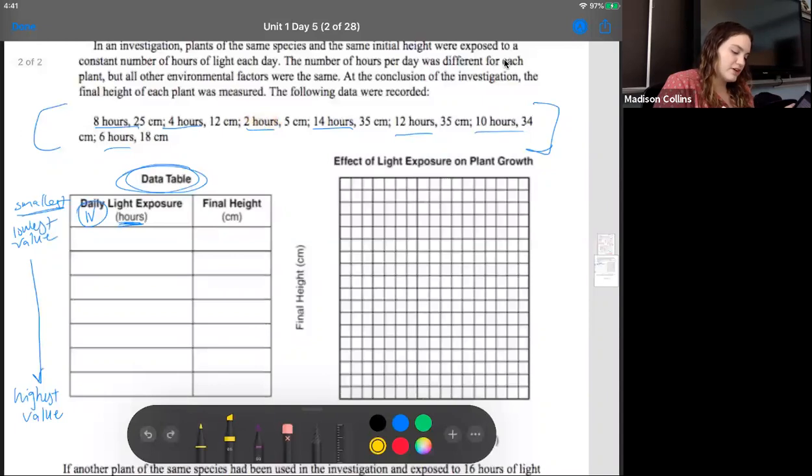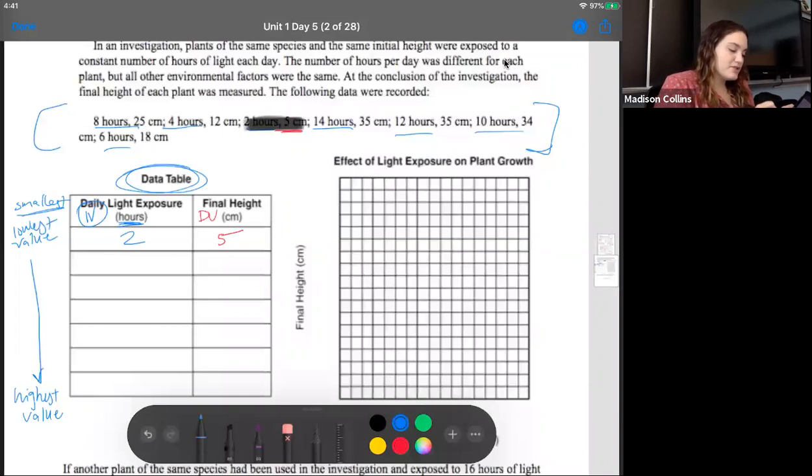So the very first value we're going to place in our data table is 2 hours. But we have to make sure that we also write down the attached dependent variable. So here the final height that's associated with 2 hours is 5 centimeters. So we're going to write that down here as well. And now that we've written in that data point entirely, we can cross it out.